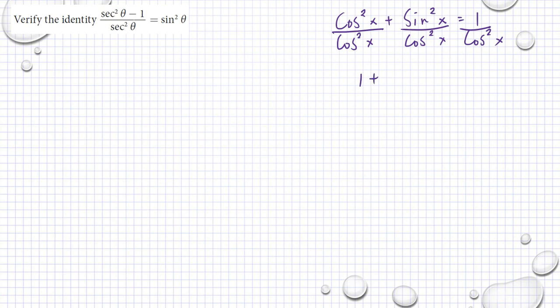What do we know? We have cosine squared x plus sine squared x is equal to 1. Dividing by cosine squared x, we have 1 plus tangent squared x is equal to secant squared x.